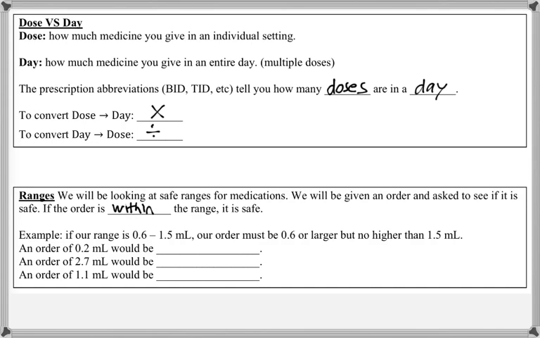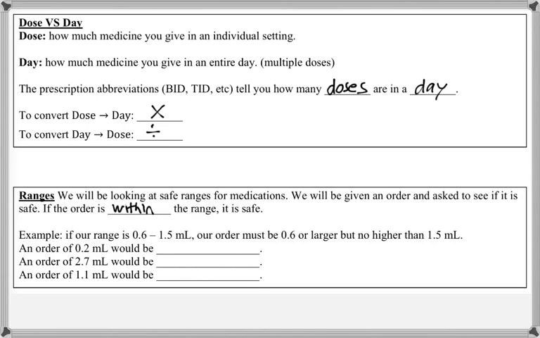So an example would be if our range is 0.6 to 1.5 mLs, our order must be 0.6 or larger, but no higher than 1.5 mLs. So it's got to be between 0.6 and 1.5. And it could be 0.6 and it could be 1.5. So it can be the endpoints, and it has to be in between them as well.